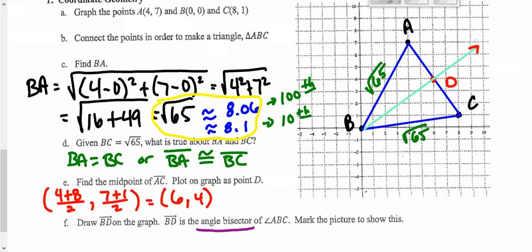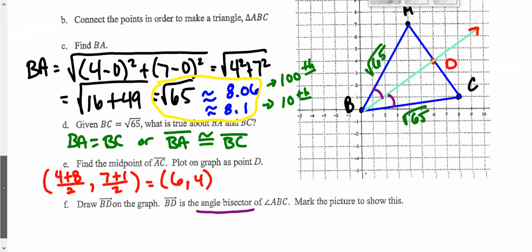So the best way to show that two angles are equal would be to put our symbols here, which are little arcs. Now notice these are slightly offset. I want to do that. I don't want to draw one arc like this, because if I do that, that would be looking at angle ABC. I don't want to do that. I'm cutting it in half, and so I'm looking at each side.